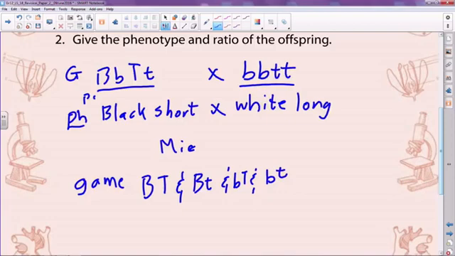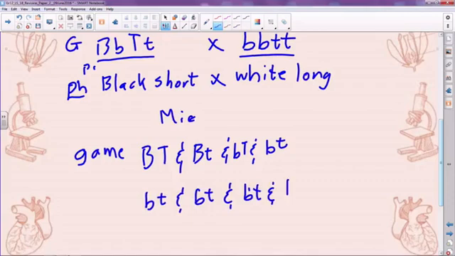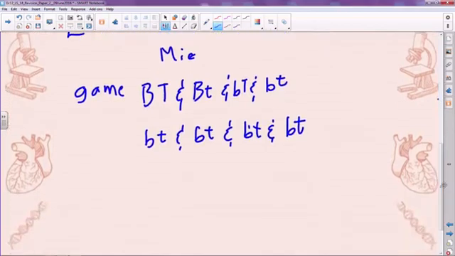There's the one, and it's going to cross with the other one, and if we have a look, they're exactly the same. So it's small b, small t, and small b, small t, and small b, small t. They're all the same, so I don't have to do too much work with this one. I know that it's all going to be the same. It's identical.